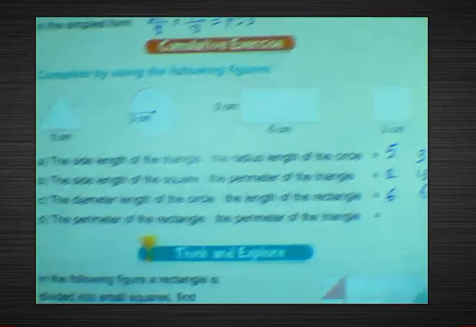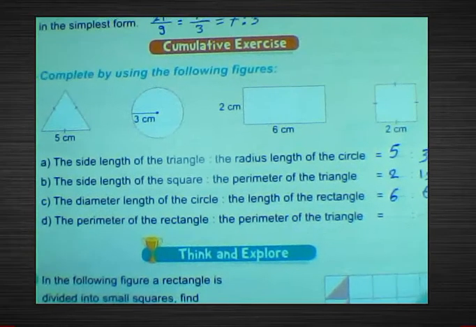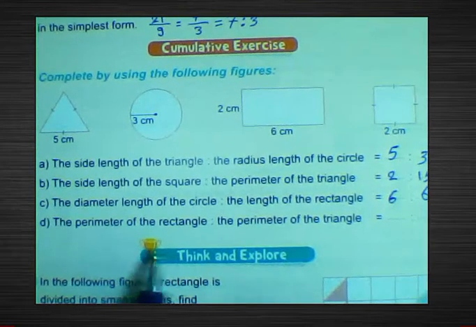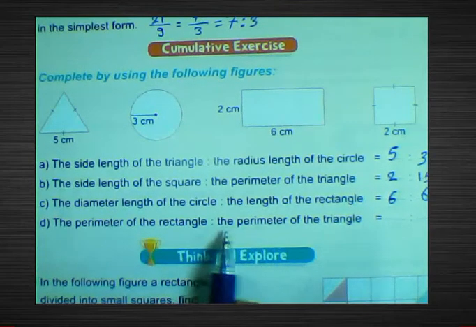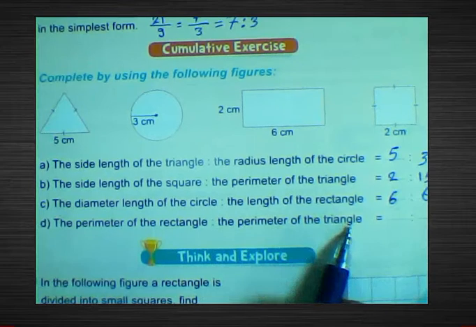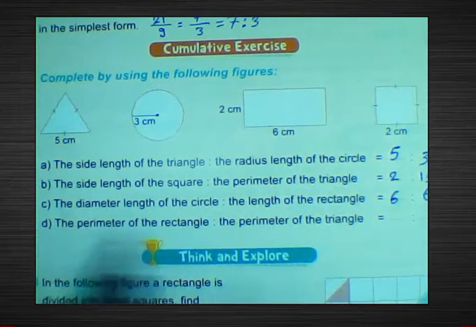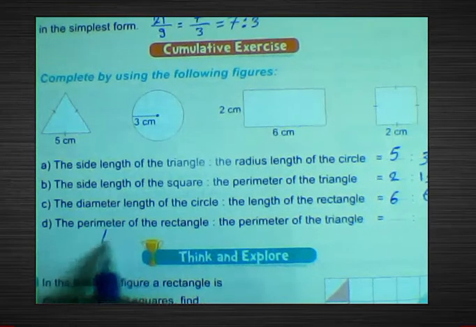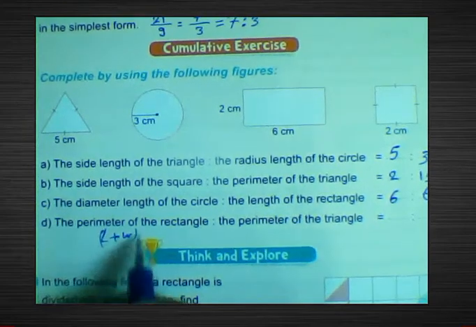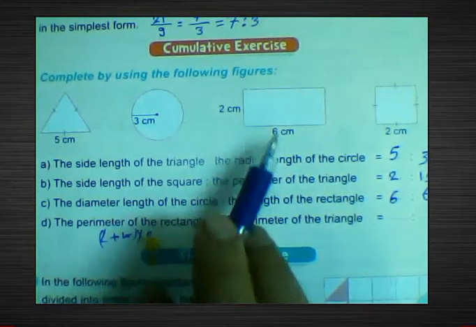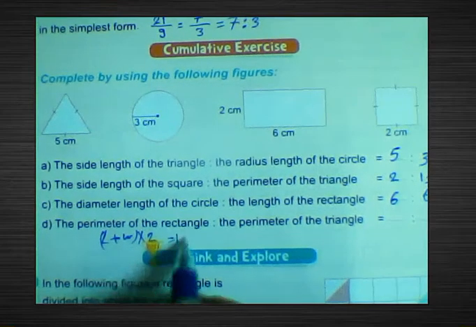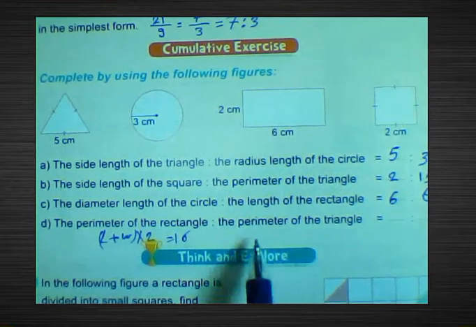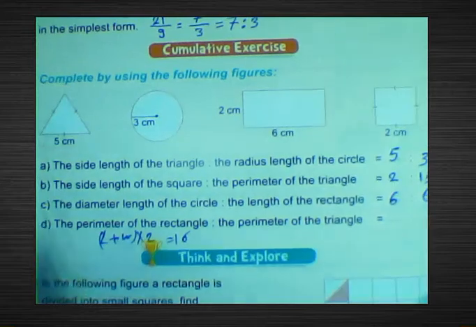Letter D. The perimeter of the rectangle to the perimeter of the triangle. How can we find the perimeter of the rectangle? We can write length plus width, times 2. 6 plus 2 equals 8. 8 times 2 equals 16. The perimeter of the triangle equals 15.